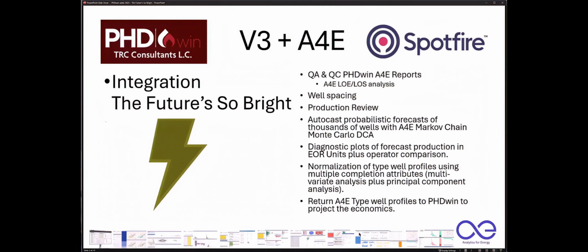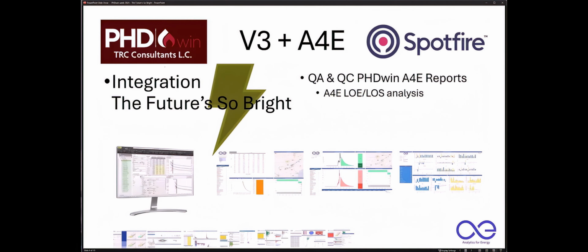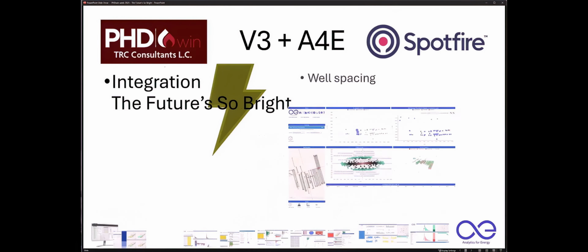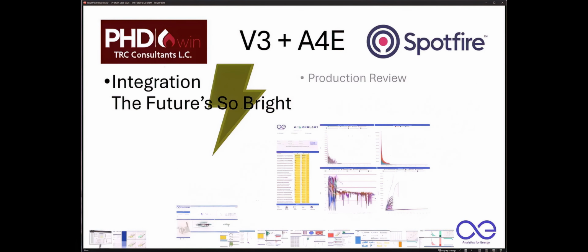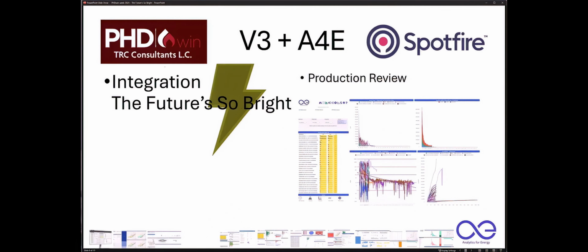Thanks, Steve. We'll kick off by showing you some of the A4E tools and giving an overview of what we'll be using as we move through the demo. As I said, we've got QA and QC, and we'll show some of that at the end of this workflow on the way back from PHDwin. The well spacing, we'll show some of that. Production review, looking at the wells that we want to include in our well set.